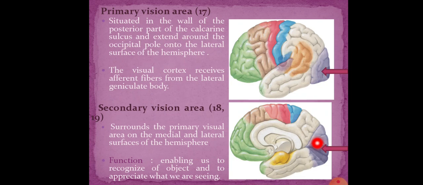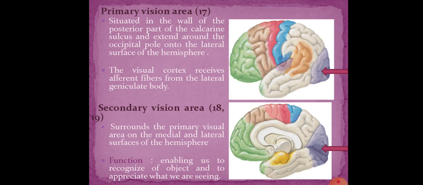The secondary vision area surrounds it. On the occipital lobe, the primary vision area receives the visual pathway. So the interpretation is in the secondary vision area.